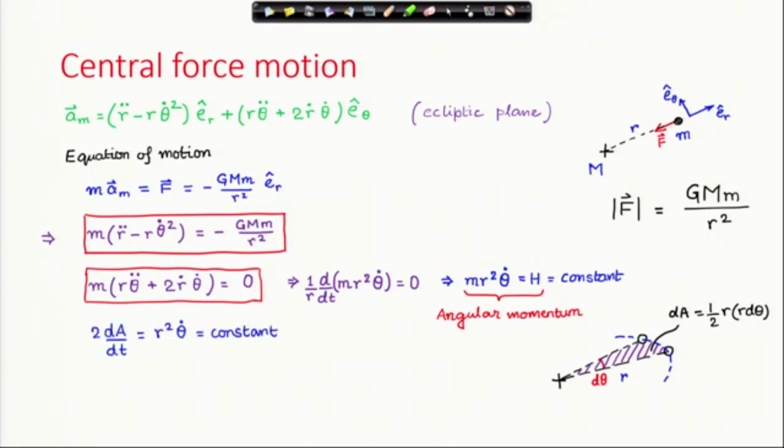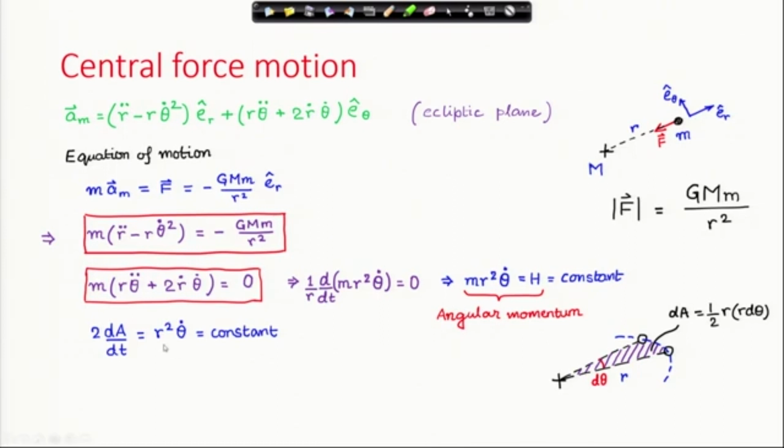Therefore, 2 times d a dt must be r square theta dot, and m r square theta dot is a constant. m is definitely a constant, but r is not, theta dot is not, but r square theta dot happens to be a constant from angular momentum conservation. Why is angular momentum conserved? Because there is no moment of any force acting about the force center.